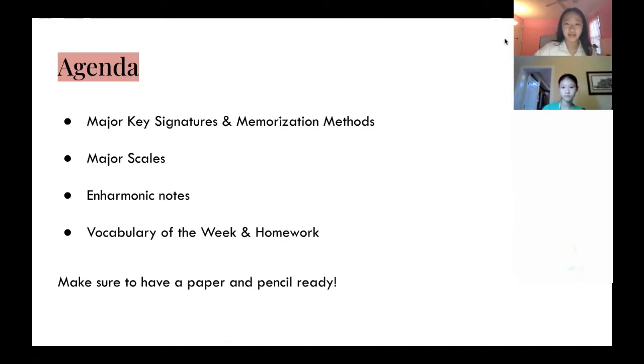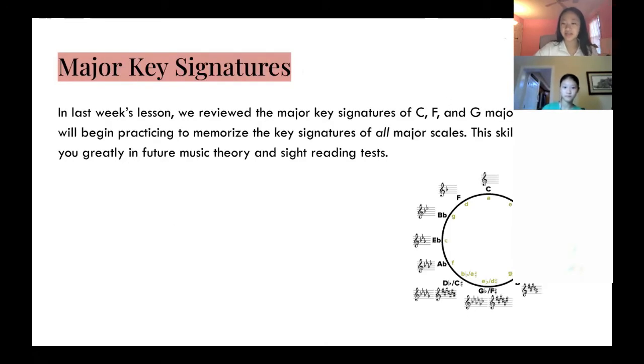Let's go to the first topic, which is major key signatures. In last week's lessons, we reviewed the key signatures and scales of C, F, and G major. Today we're going to start memorizing the key signatures of all major scales.